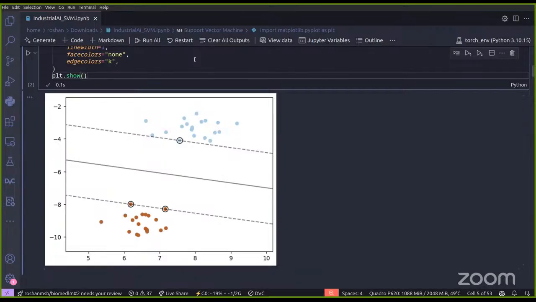Hyperparameters. What are those exactly?